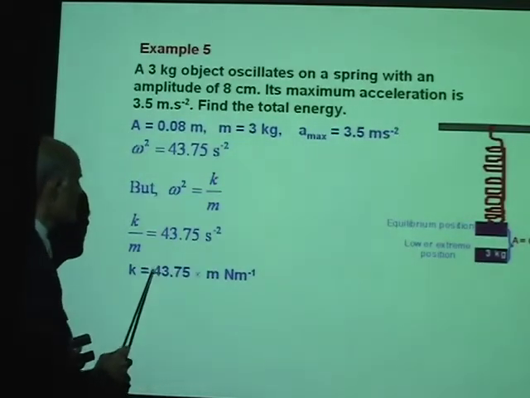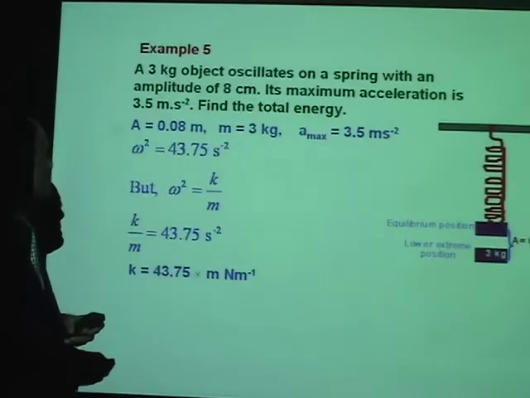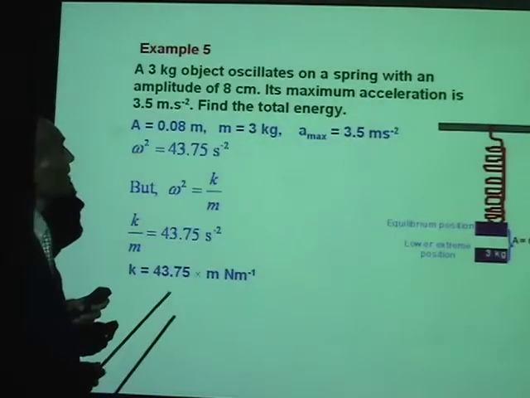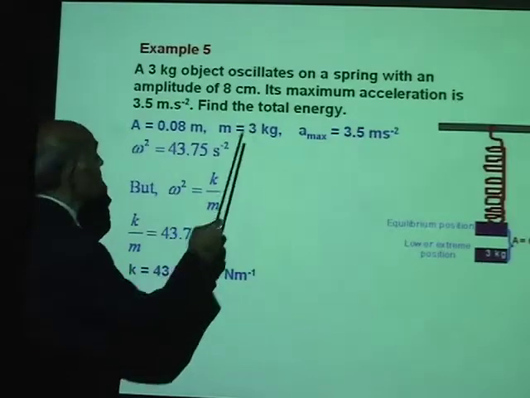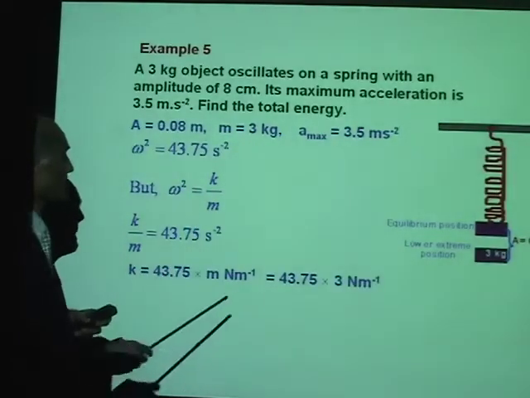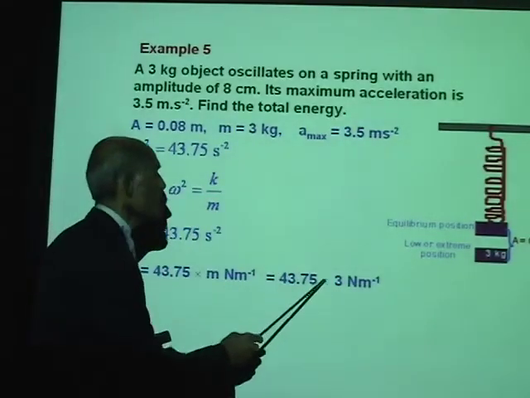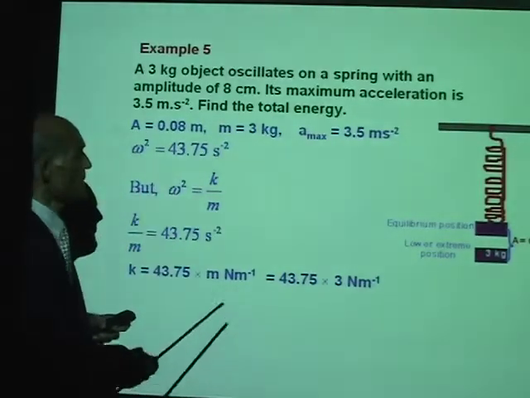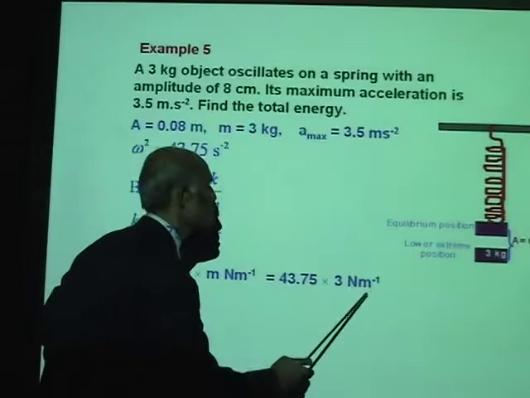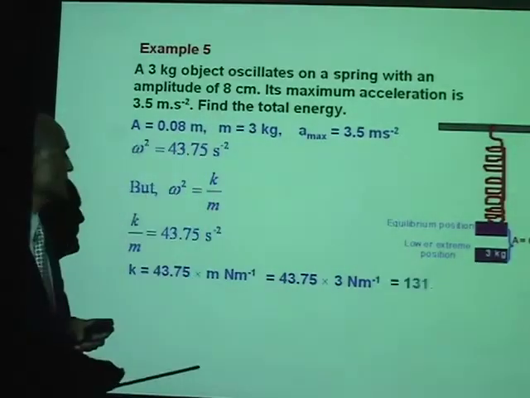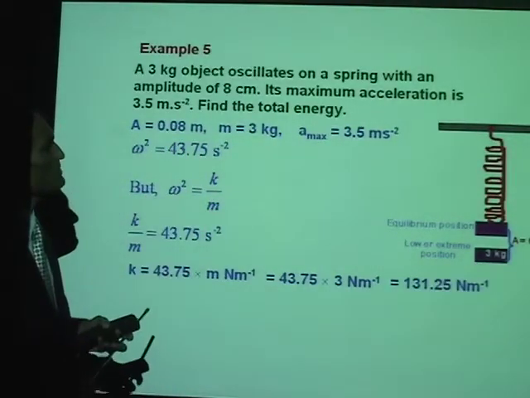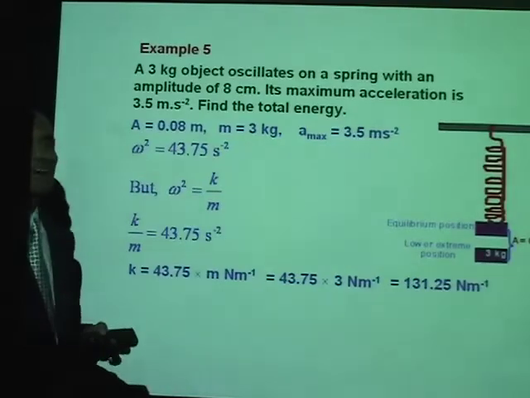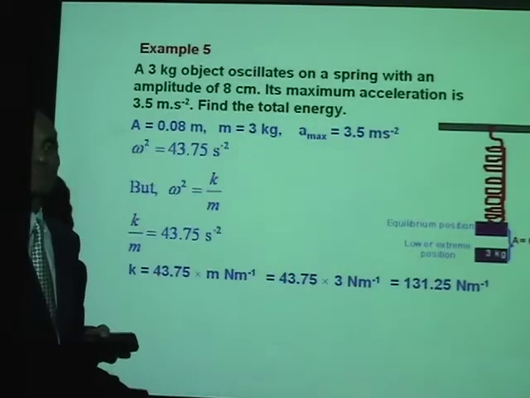M times omega squared is 43.75. That's my K. Now, we have M equal to 3 kilograms, so I can use that. Omega squared is 43.75. M is 3. And so K is so many Newton per meter. That will be 131.25 Newton per meter. All right?